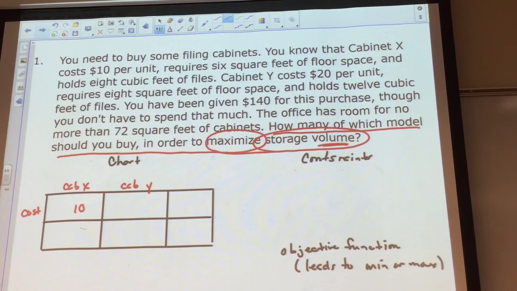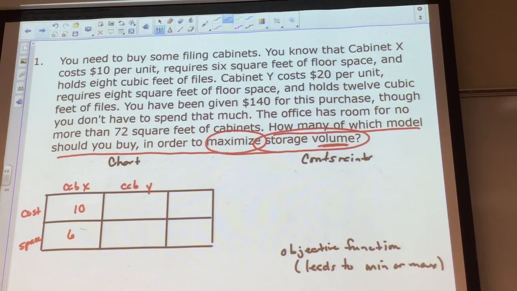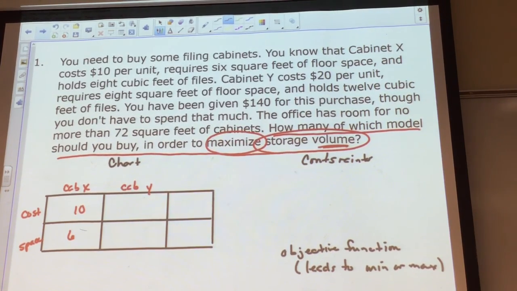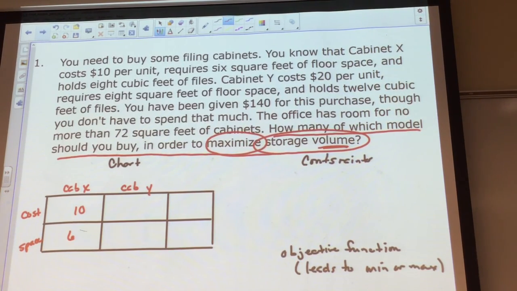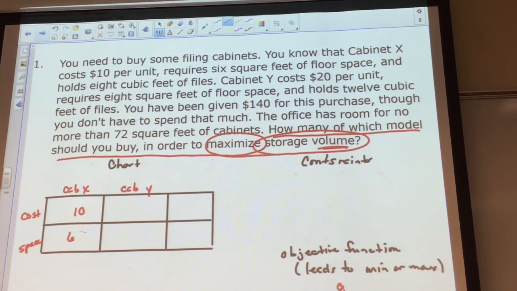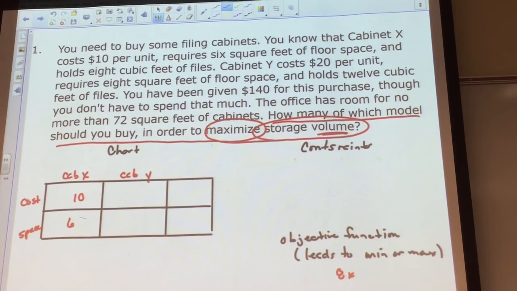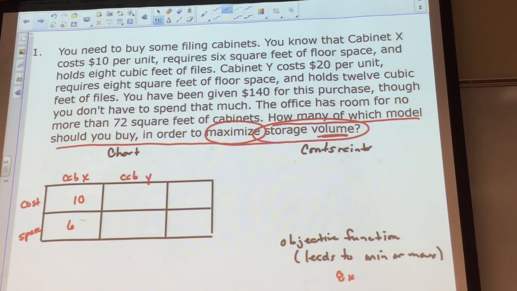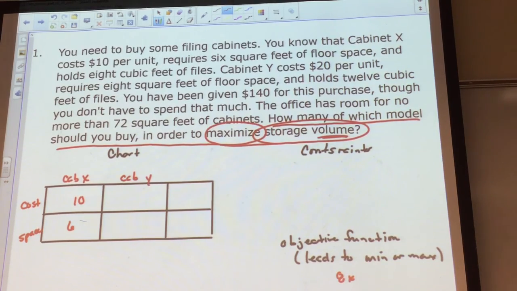And it requires space on the floor of 6 square feet. And it will hold 8 cubic feet of files. That's a volume. It's part of my objective function. It's not part of the table. It's not part of the system you're setting up.